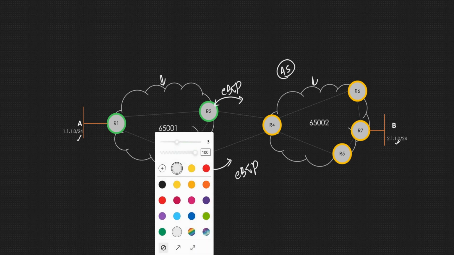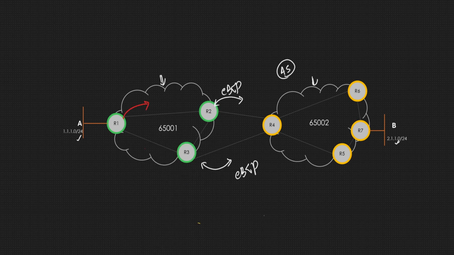For instance, R1 advertises to R2, and R1 advertises to R3. So R2 will advertise 1.1.1.0/24 routes along with stating 65001. Similarly, R3 will also advertise 65001 as an autonomous system with 1.1.1.0/24. R4 receives both.